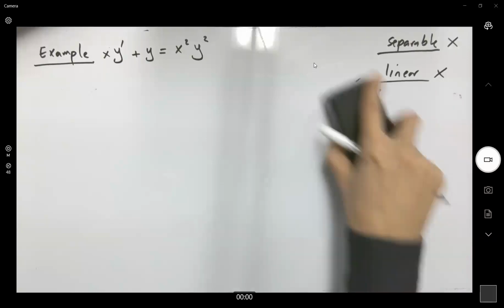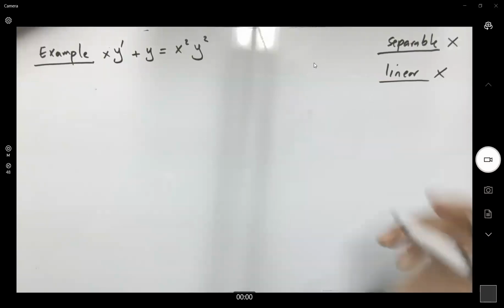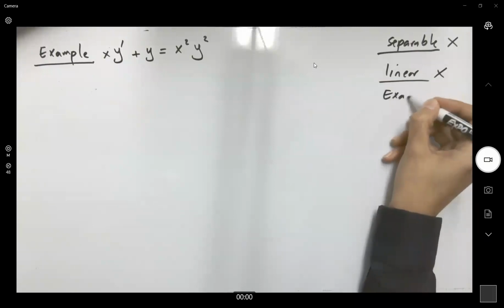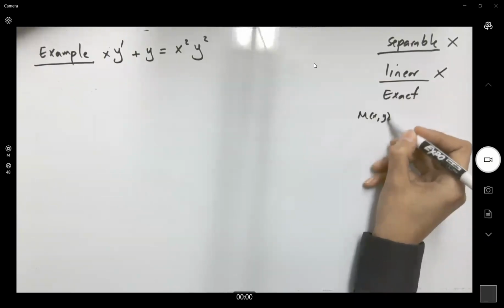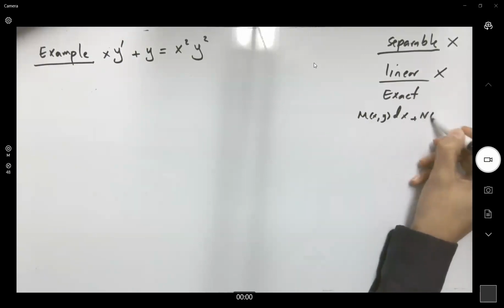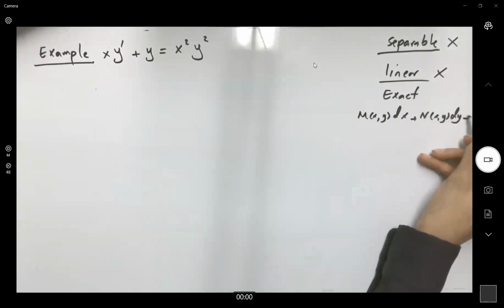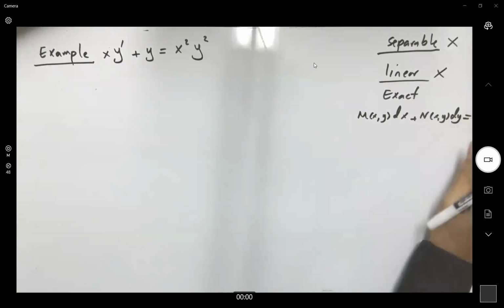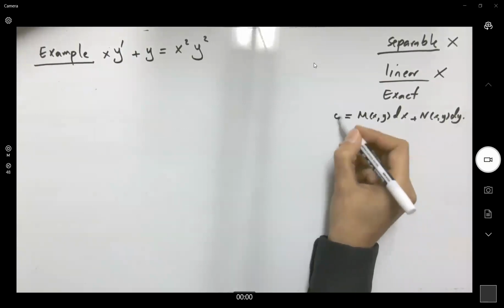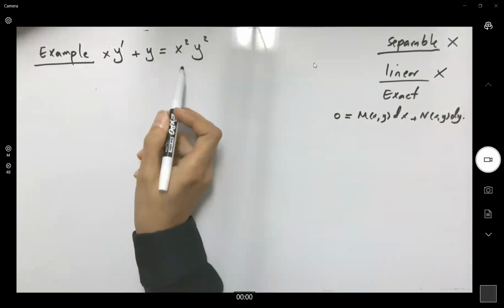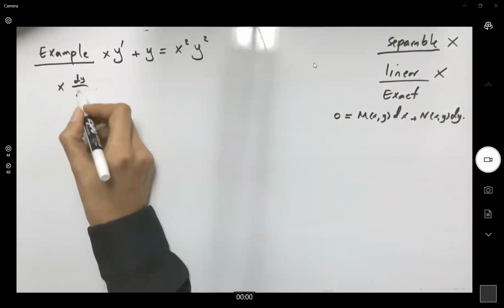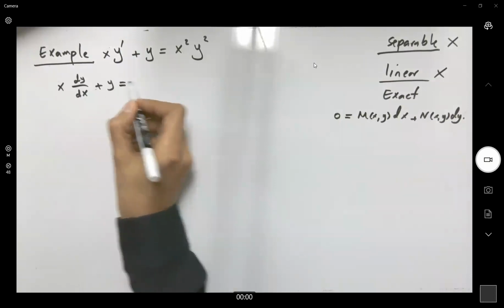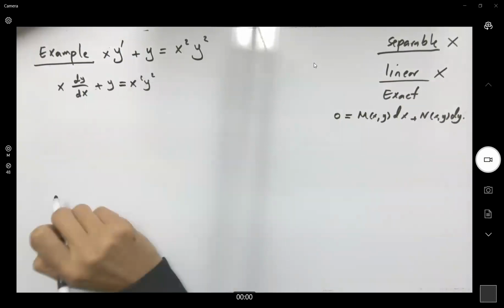Is it exact? Well, if it's exact, the differential form M(x,y) dx plus N(x,y) dy is equal to 0. So this is a differential form that you have. First we need to write this in differential form. You get x dy dx plus y equals x squared y squared.